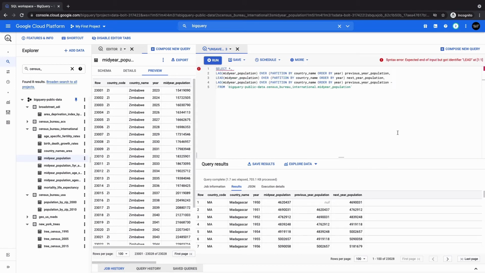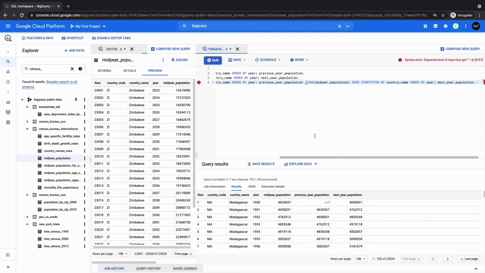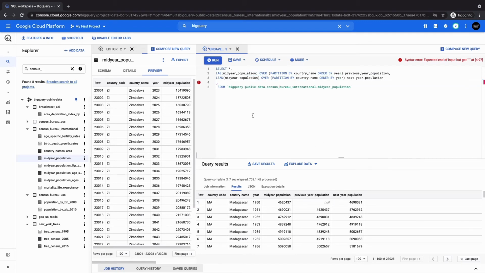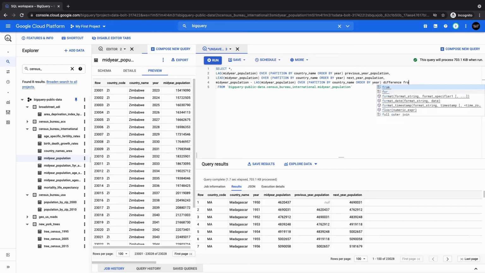So we look at the mid-year population, and then we minus it from the previous one, which is the lag, right? And then we can include it here, and we will call this new column the difference from last year.